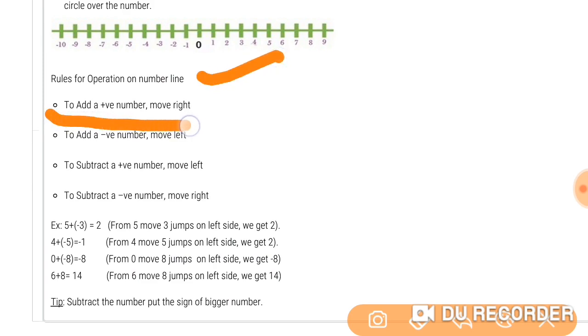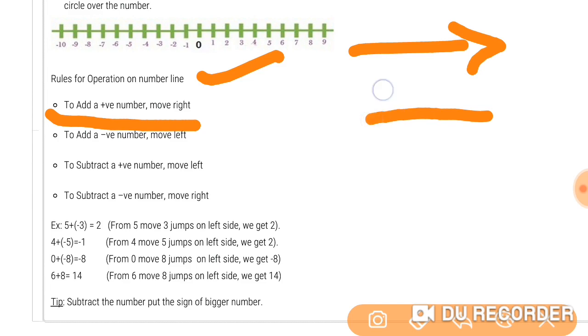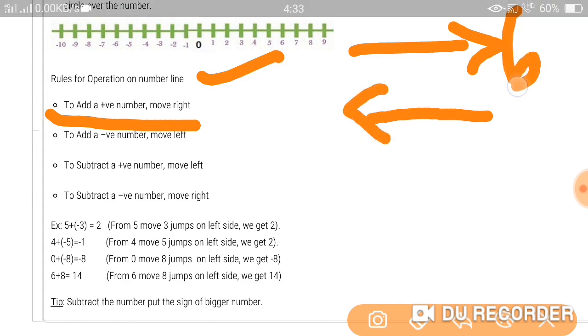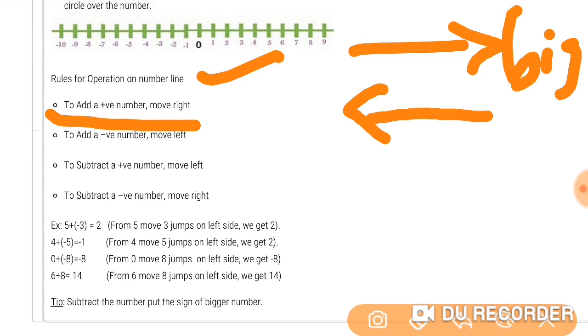To add a positive number, move to the right. Just now I said that bigger means positive numbers, and we should always go to the right side. If you add a negative, we should go to the left. Because it is a bigger number, we go right; it is a lesser number, we go left.